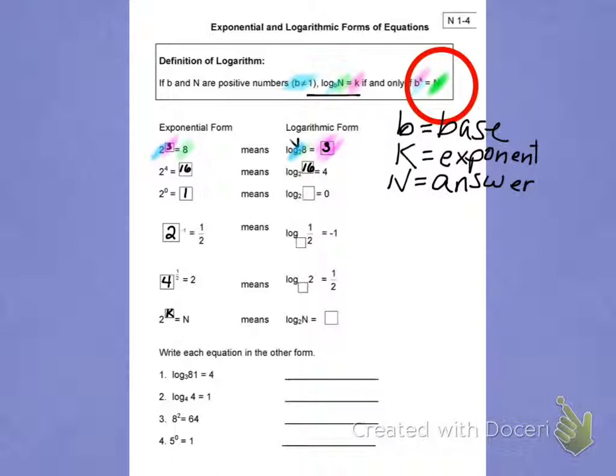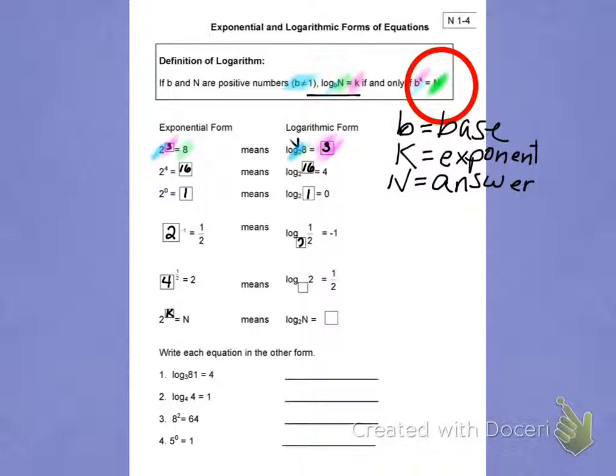All right, now we're going to go back. Log base 2 of 1 equals 0. Now let's go to the one I was about to do.